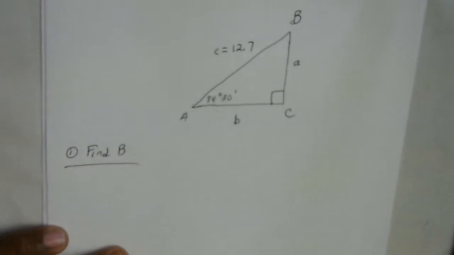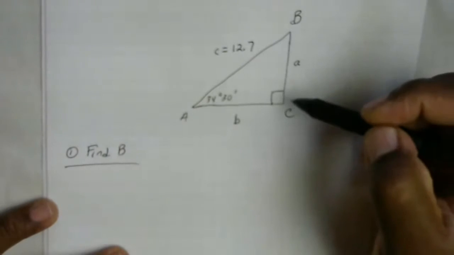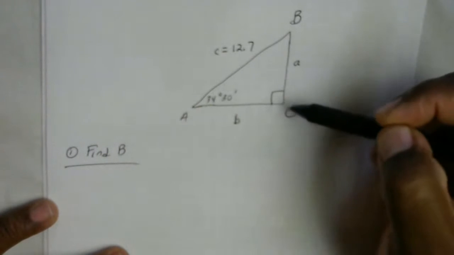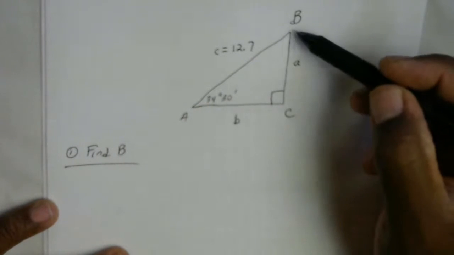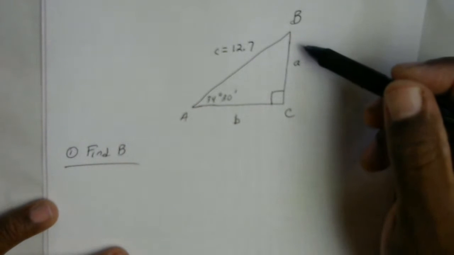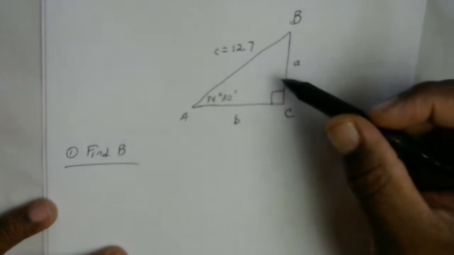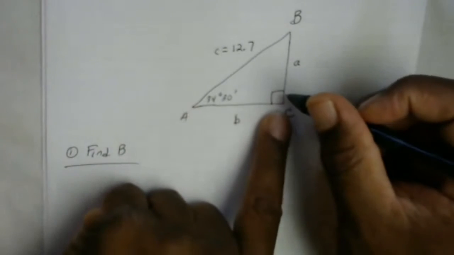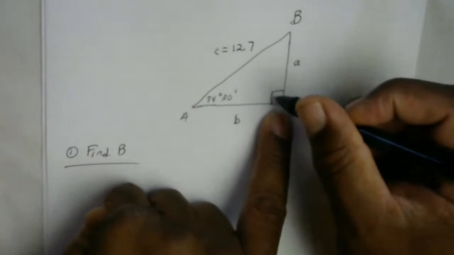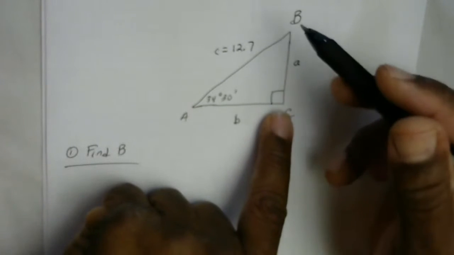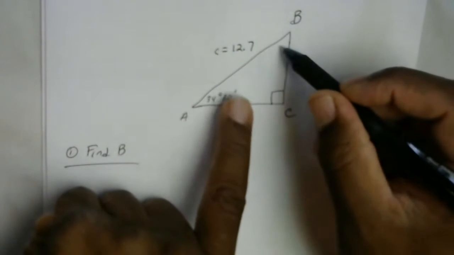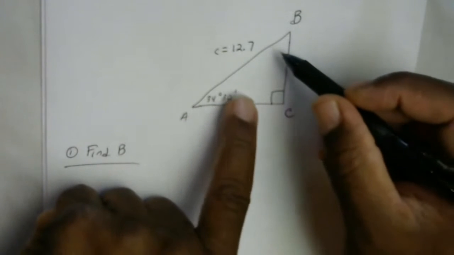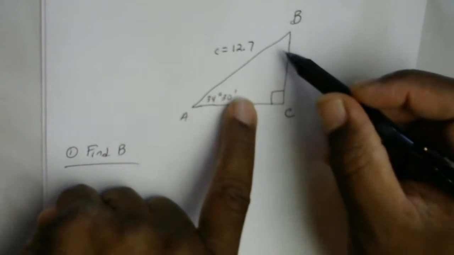There's a couple of ways I can find angle B. I could add these two angles together and subtract from 180. Or I could use the fact that if this angle is 90 degrees, and there are 180 degrees together in my triangle, these two angles should add up to give me 90.